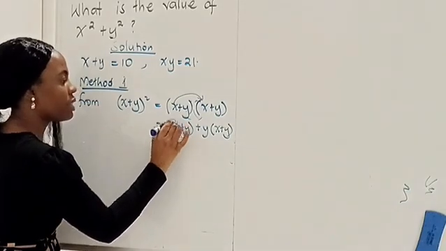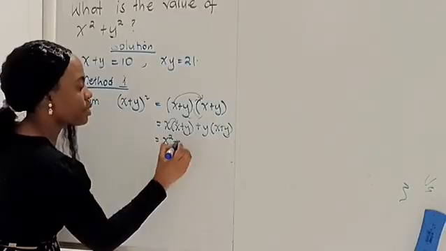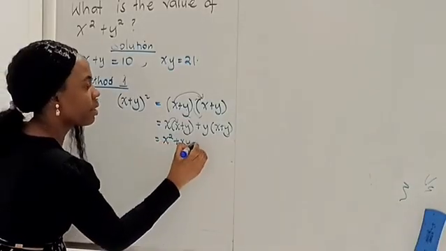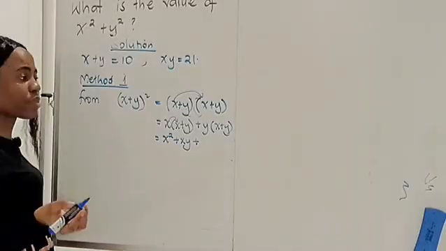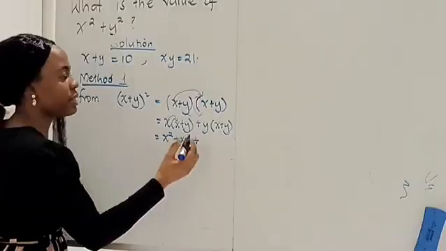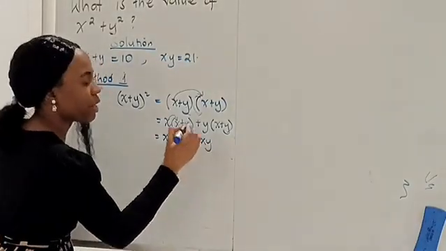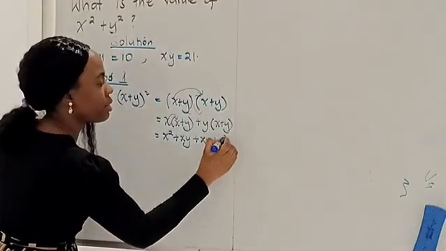I'll have x times x, that is x squared, plus x times y, xy, plus y times x, that is yx, but we write it as xy, okay? Then y times y, that is y squared.